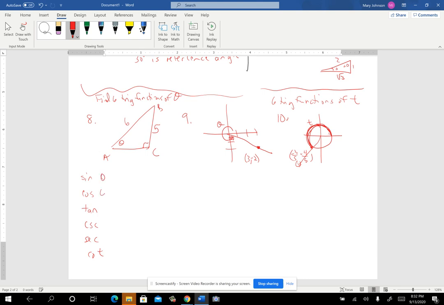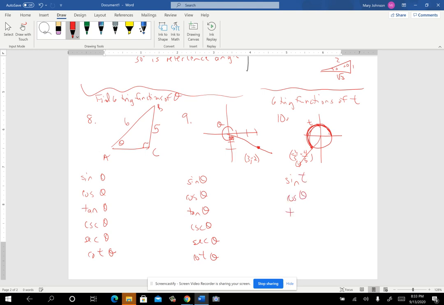So here, that'll be theta. Here, it'll be theta. Oops, cotangent. And here it's really the same concept, but just a t.